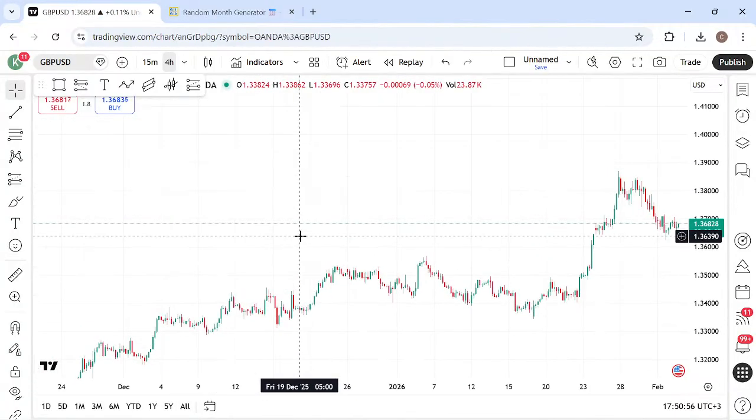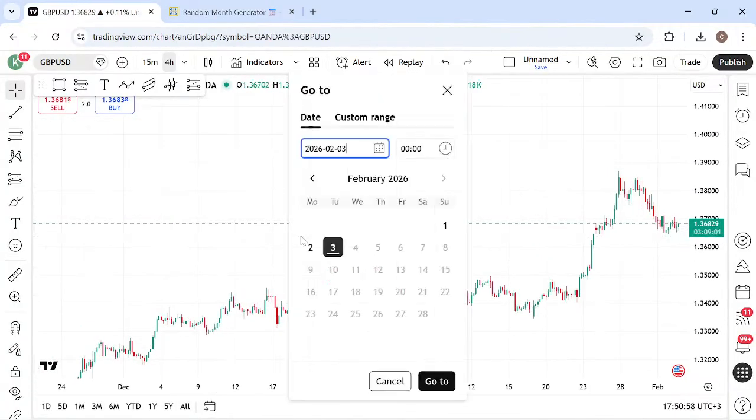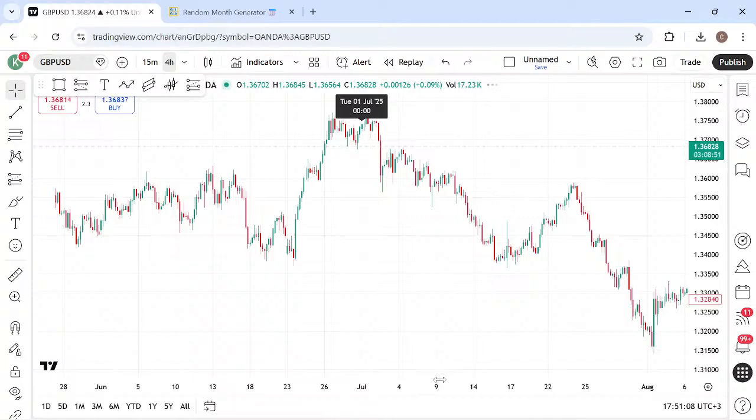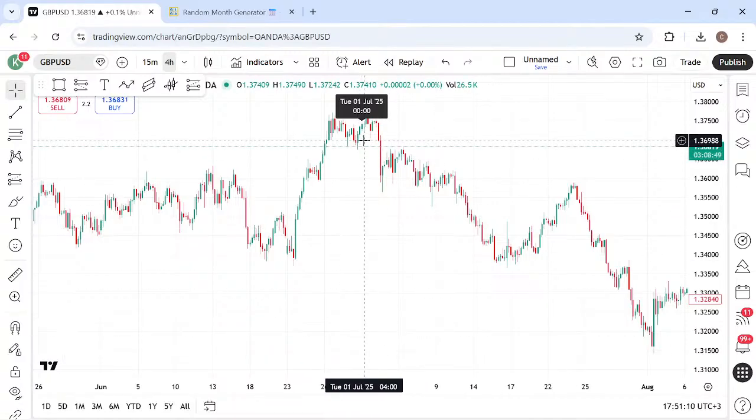So we're going to go to TradingView and then go to July 2025 on the first day. Then you go there, and here is where it starts.